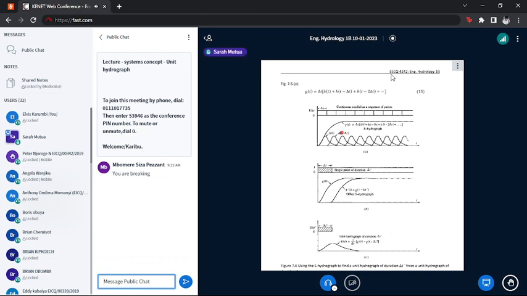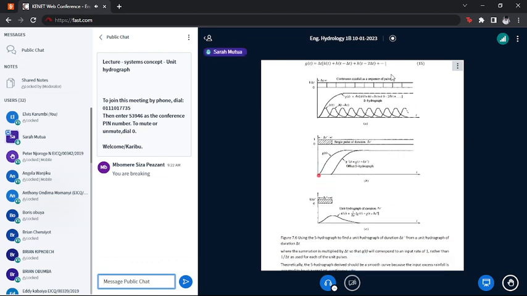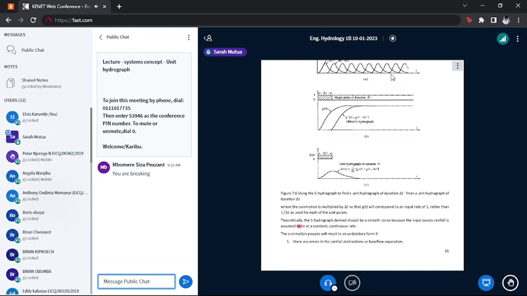Now, notice in an ideal situation, the S hydrograph is supposed to be a smooth curve. But this may not always be the case, because like I stated before, when I was explaining hydrologic flows, I said that they largely follow linear models, but I also gave a caveat, some limitations.